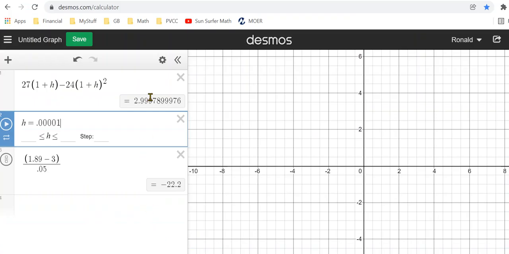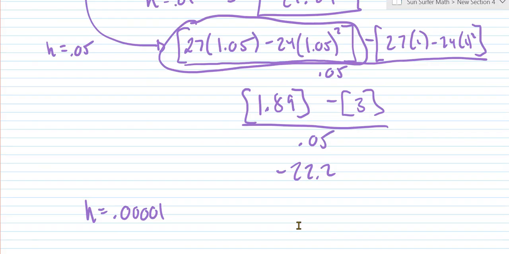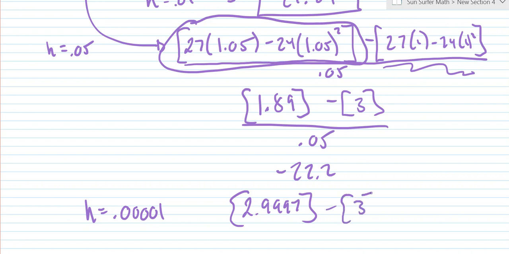So now the first part becomes 2.9997. So we have 2.9997. And remember, the second part of this formula is always going to be minus the 3. And now we're dividing it by 0.00001.